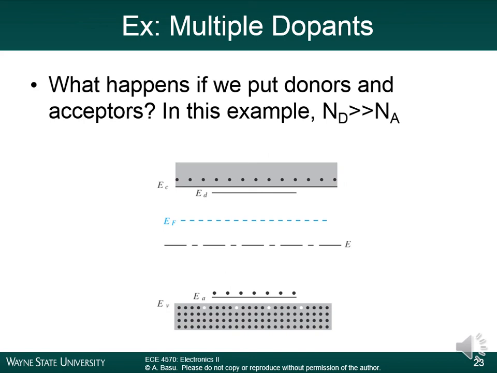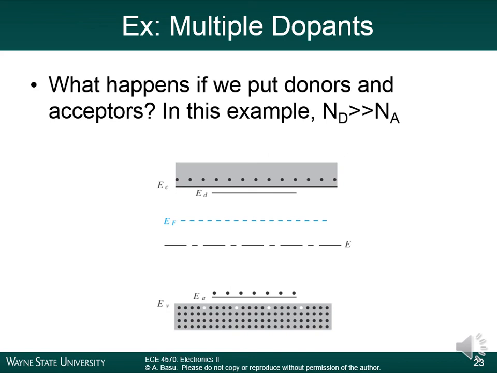Because you're adding more numbers. Whenever you add more donors, the Fermi level moves up towards the conduction band, towards E sub C. And when you add acceptors, it moves back down. So essentially, in terms of the energy band diagram, you're moving the Fermi level one direction, then you're moving it back in the opposite direction.